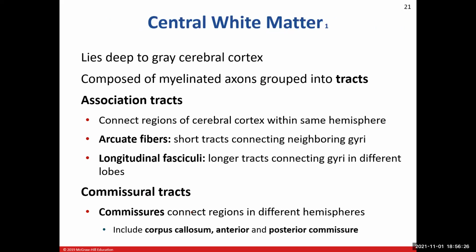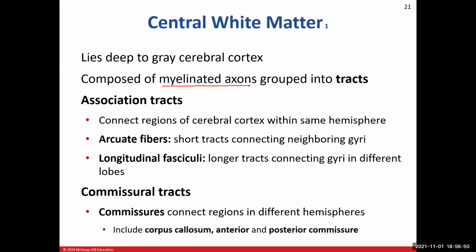Let's talk about central white matter. Most of you, if not all of you, should know what white matter is. We talked about this in another lab class, and I mentioned it earlier in this class: white matter is myelinated axons, straight up. Put that into your central database in your brain, myelinated axons.